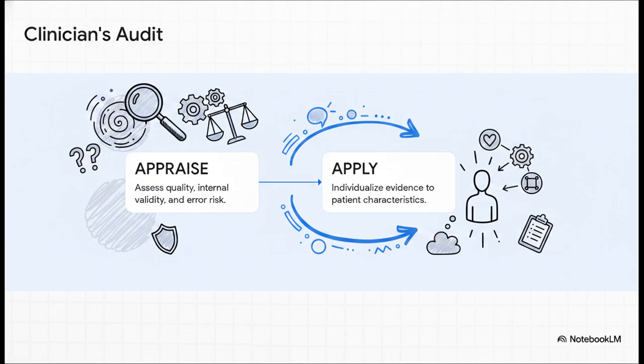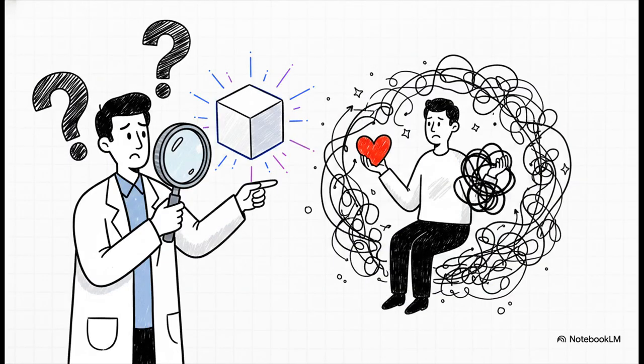And then they apply it. They take that evidence and individualize it, translating the rigid data to their specific patient's unique characteristics and real-world setting. As a learner analyzing the literature, you've got to constantly ask yourself, are there compelling reasons why this highly controlled study doesn't apply to the wonderfully complex person sitting right in front of me?